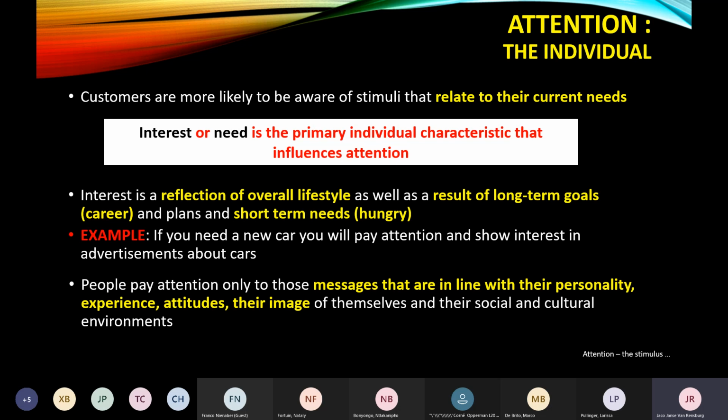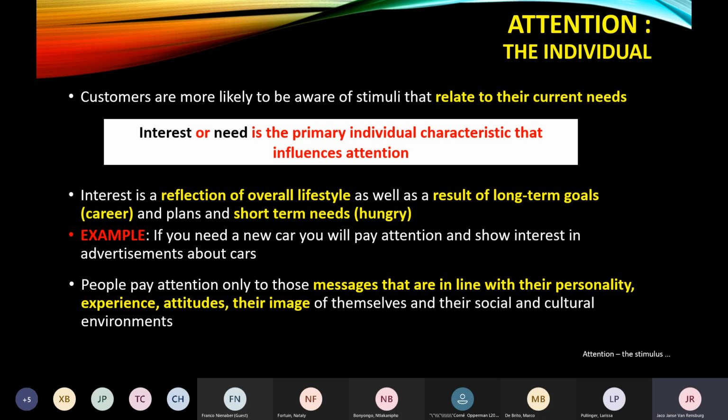as I have said previously, but we can repeat this. Customers would more likely be aware of a stimulus that relates to their current needs. If you have recently bought a new car, you would not be interested in any advertisements or commercials about cars.